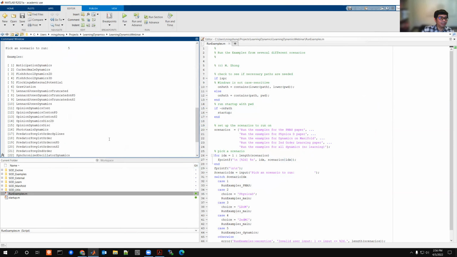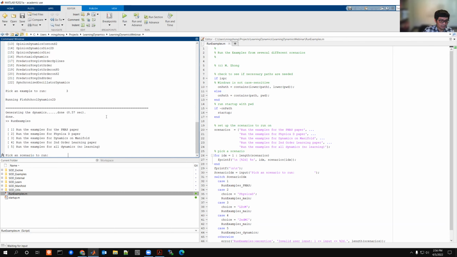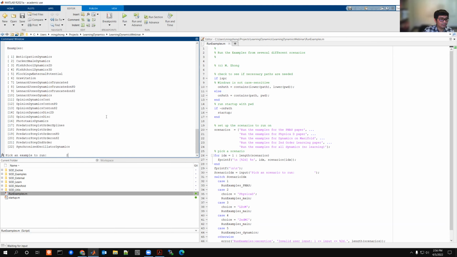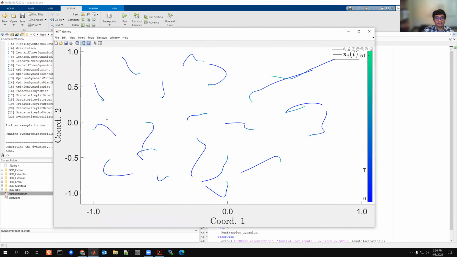And then I also want to show you the synchronization example. This is the synchronized firefly dynamics.